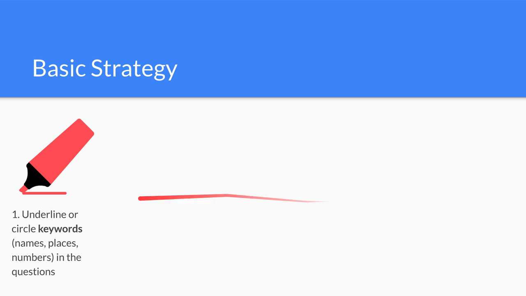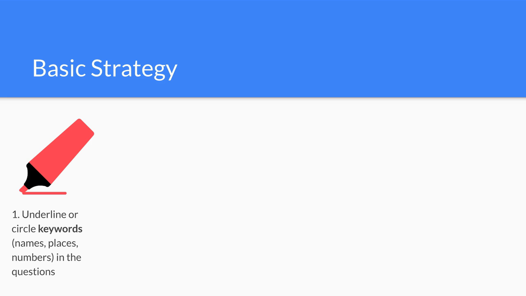Now, I want to show you the basic strategy for answering this question type. So there are 5 main steps. Let's begin with step number 1. Step number 1 is to underline or circle the keywords that are in the question. So in all the questions, you're going to find keywords, words that are going to help you to identify the correct sentence in the passage where you're going to find your answer.